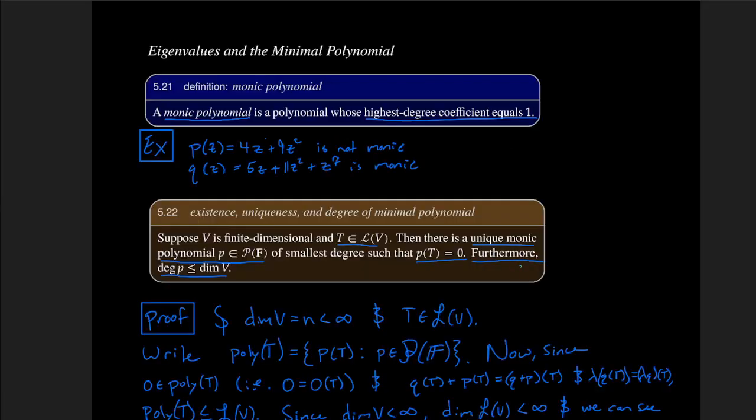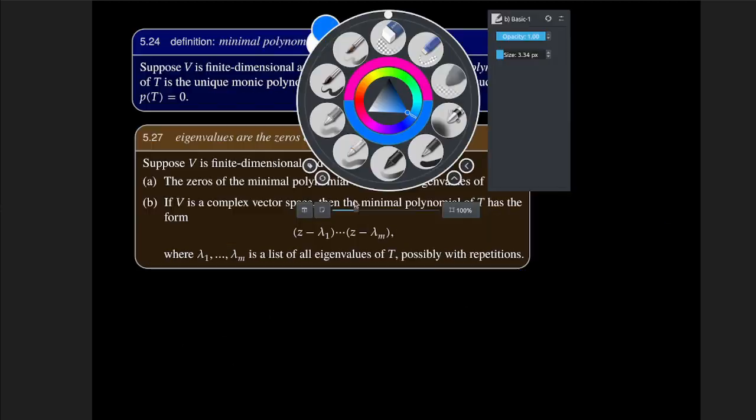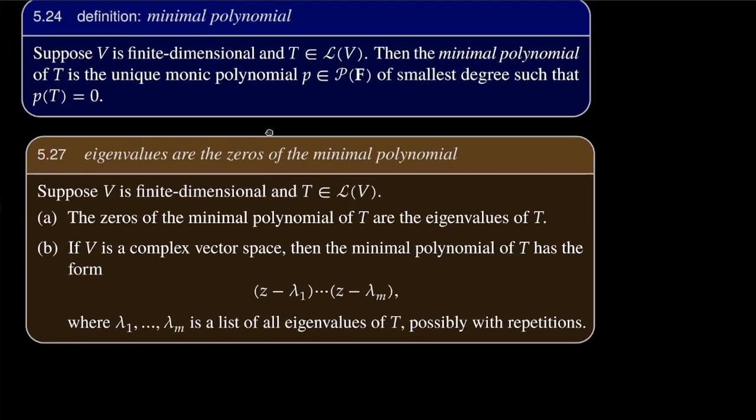Okay, so we know there's a unique monic polynomial of smallest degree such that p of t is 0. Let's do a definition quick.